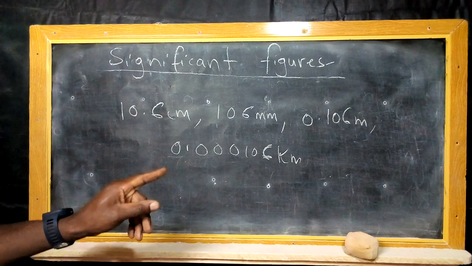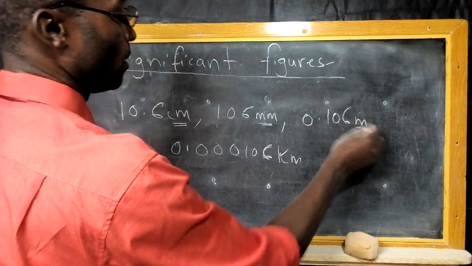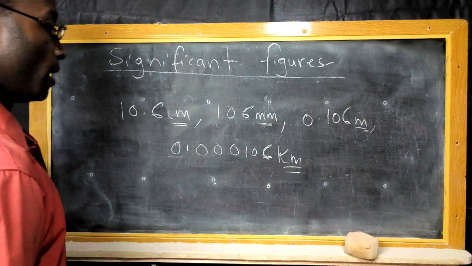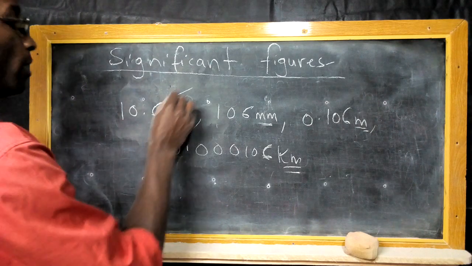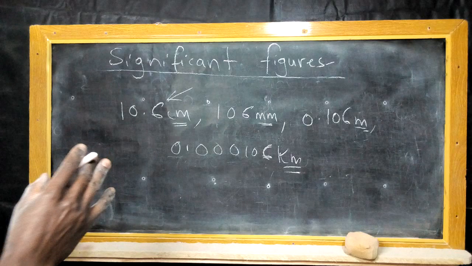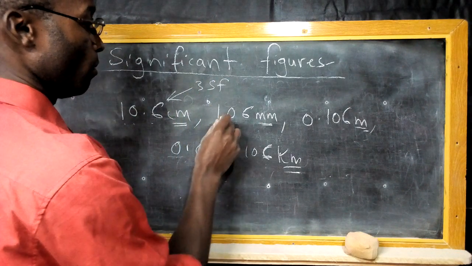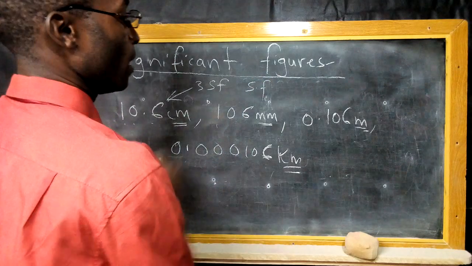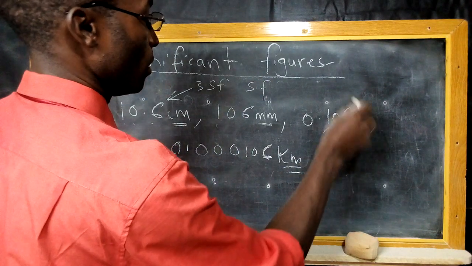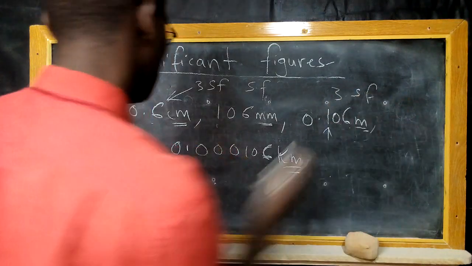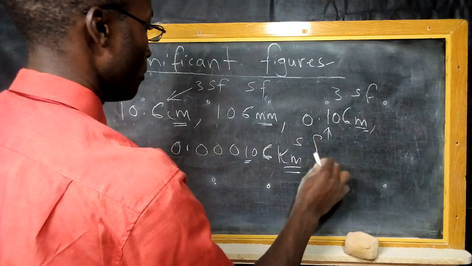So the last concept that we are talking about is that the number of significant figures is independent of the units of measurement. These units of length bear no significance in the number of significant figures. If you look at the rules that we have discussed, for the first case, this is 1, 2, 3 significant figures; this is the first non-zero digit, 1, 2, 3 significant figures.